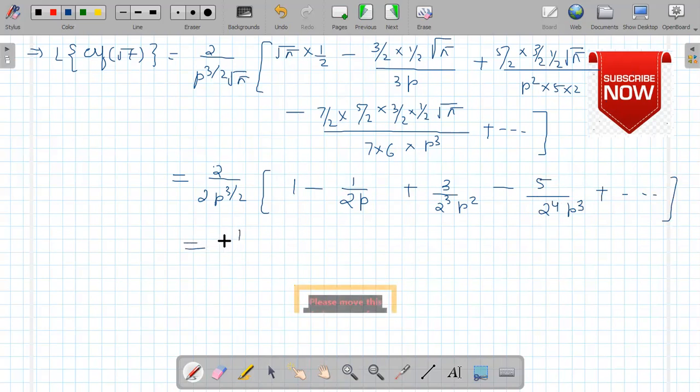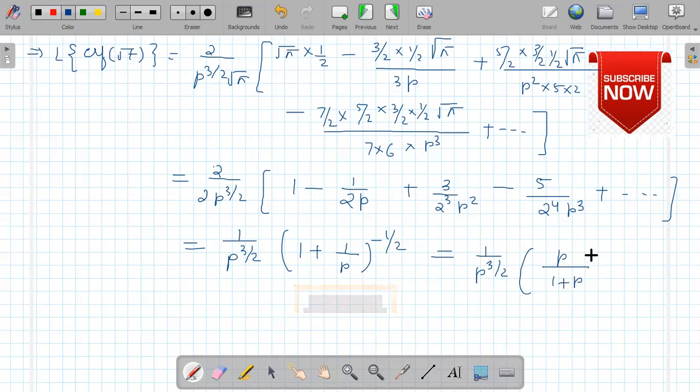So this is equal to 1 upon p raised to the power 3/2. This is nothing but 1 plus 1 upon p raised to the power minus half. Its expansion is this by binomial theorem. So this is equal to 1 upon p raised to the power 3/2, p upon 1 plus p raised to the power half.